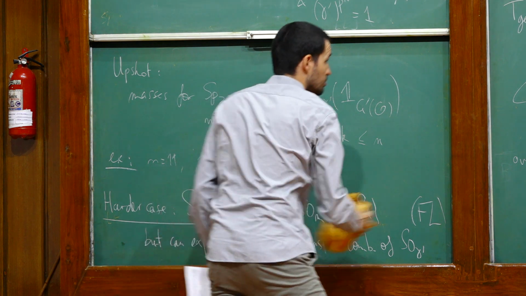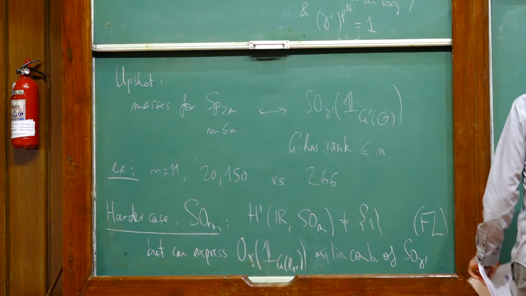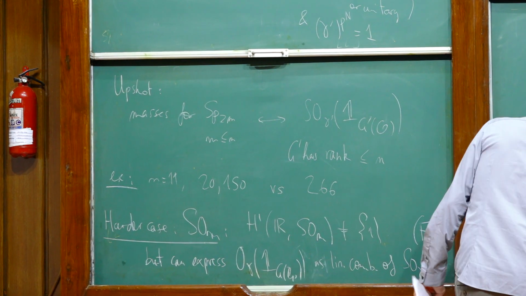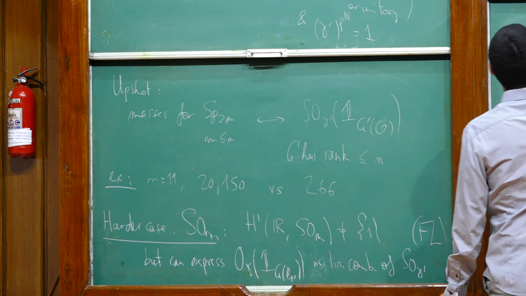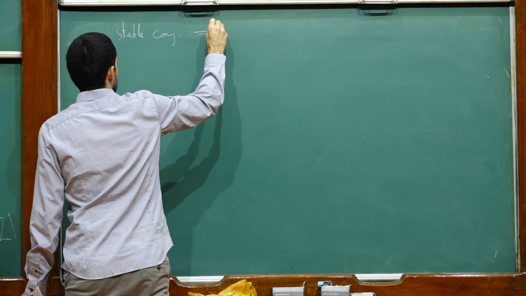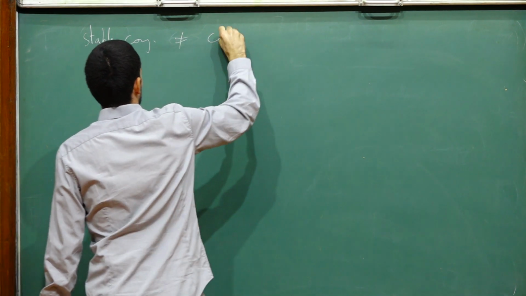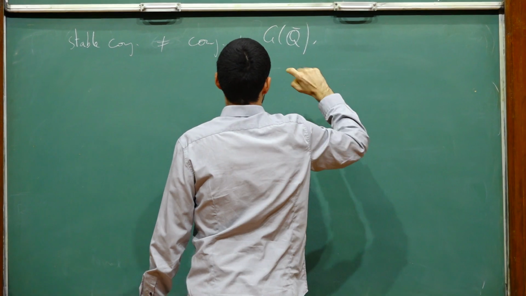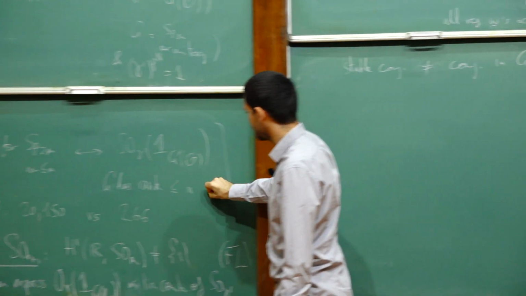So there's another complication in the orthogonal case. Because the groups are not simply connected, stable conjugacy is not the same as conjugacy in G of Q bar. So there are additional invariants that you have to take into account, and so you don't have such a simple picture like this.